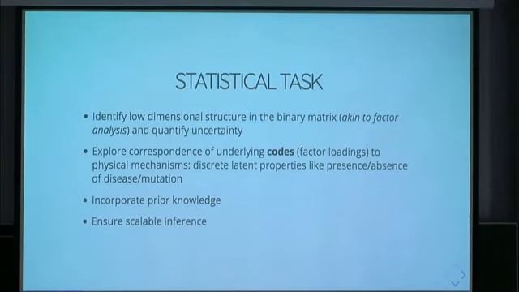We also might like to incorporate prior knowledge. We know quite a bit about molecular biology. We might want to put that in. And we want to ensure scalable inference because the data sets are large.